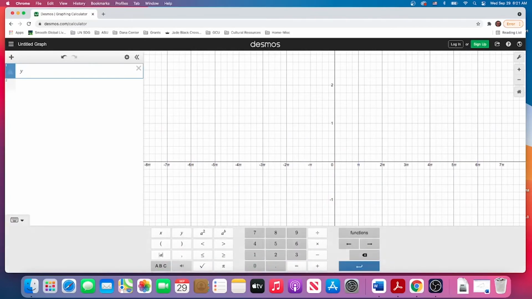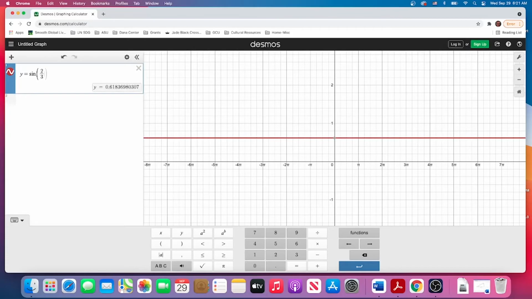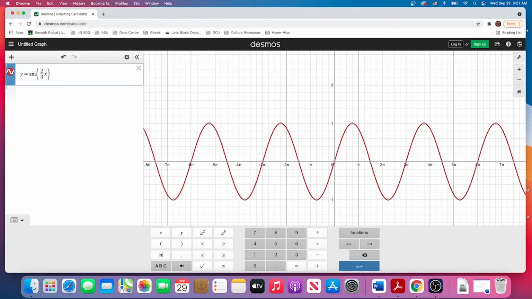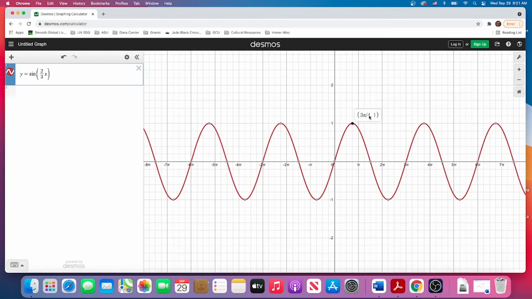So I think one of the examples had something like y equals sine of 2/3 x, 2/3 theta. And when you do that, notice it's a little different where they are, but what we're looking at is, if you take this 2/3 times 3 pi over 4, what do you get? You get pi over 2, because at pi over 2, the sine is 1.